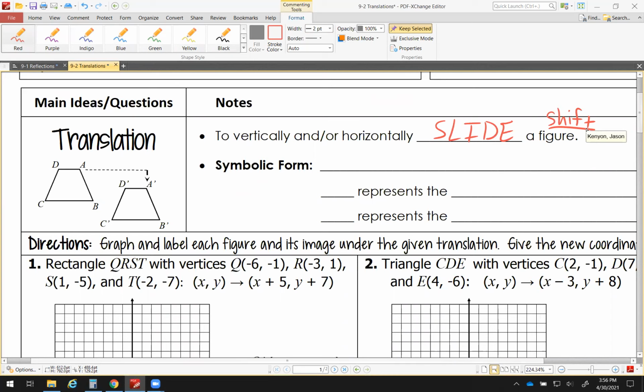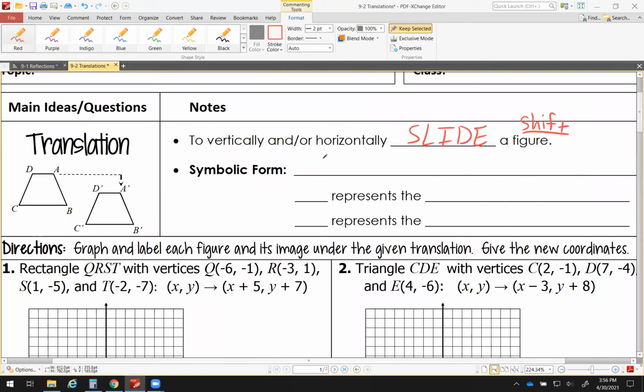Now, mathematically, we want to be precise about these things. We want to have very well-defined notation. The symbolic form that we use is that any point (x, y) will get slid to, or shifted to, or translated to. A lot of the times this arrow also means mapped to, and you heard that word in the previous notes. (x + h, y + k).